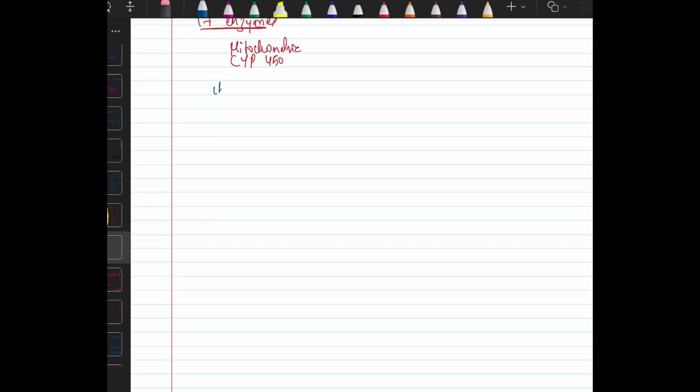I told you the building block is your cholesterol. This cholesterol is going to get converted to pregnenolone. This pregnenolone gets converted to progesterone.